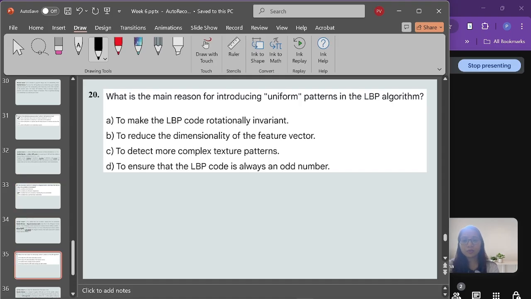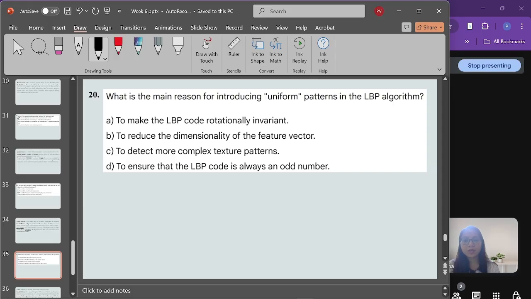Now, quickly moving to the next question. What is the main reason for introducing uniform patterns in the LBP algorithm? Options: A, to make the LBP code rotationally invariant; B, to reduce the dimensionality of the feature vector; C, to detect more complex texture patterns; or D, to ensure that the LBP code is always an odd number.